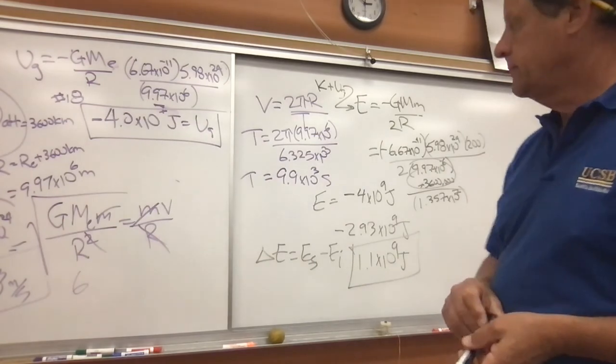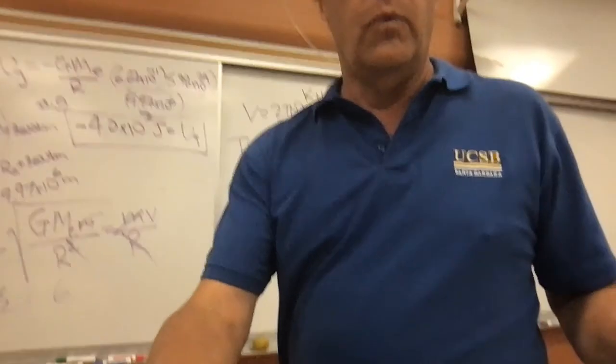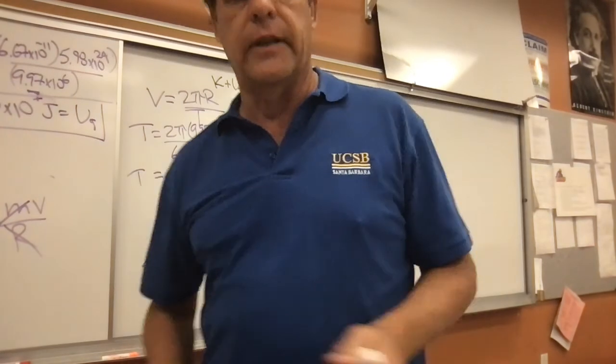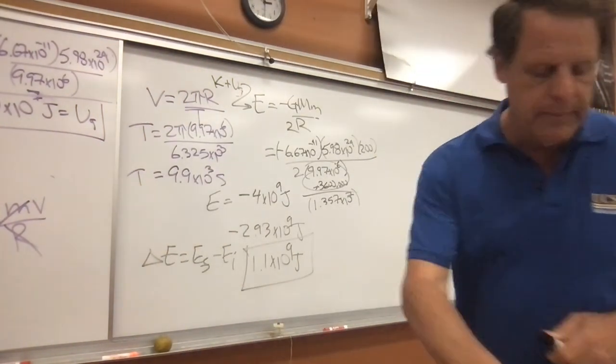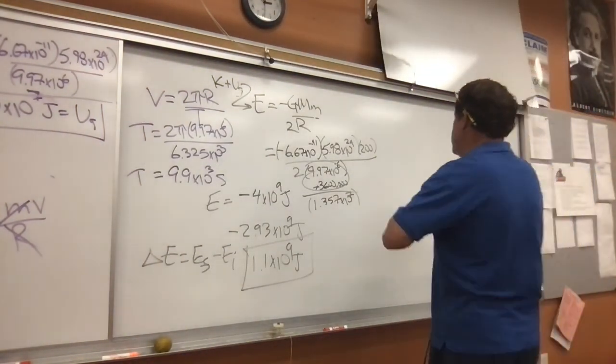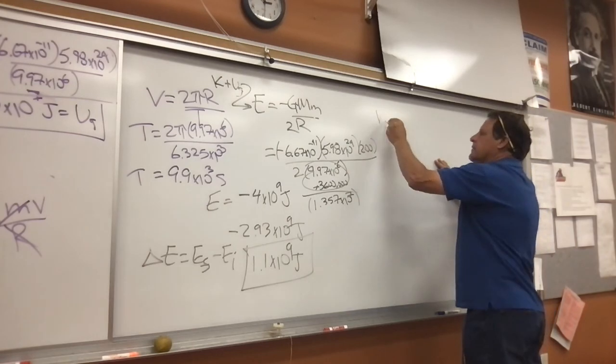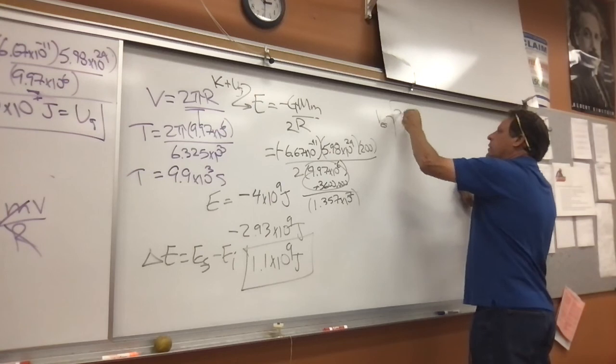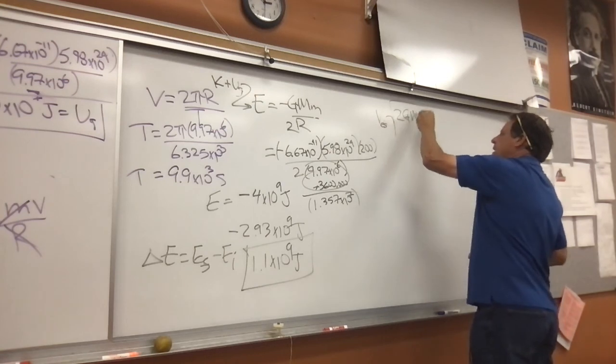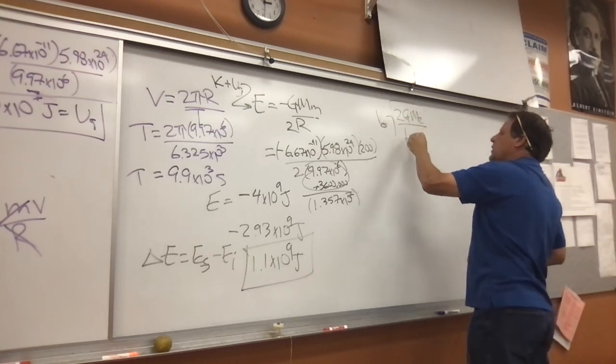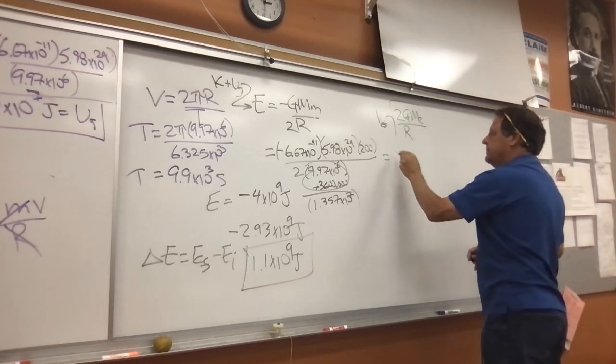Now we have one final question here, and that is, what is the escape velocity? The escape velocity is equal to the square root of 2GM over r.